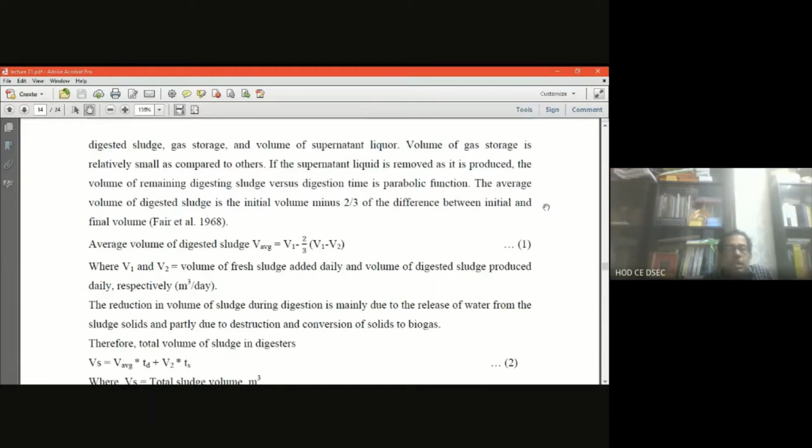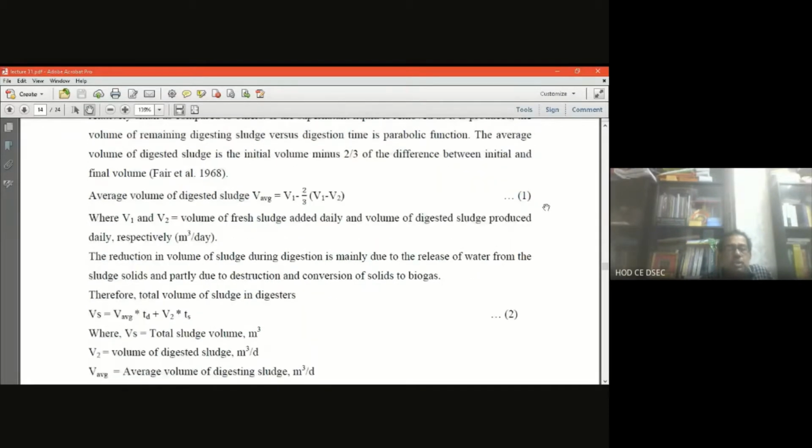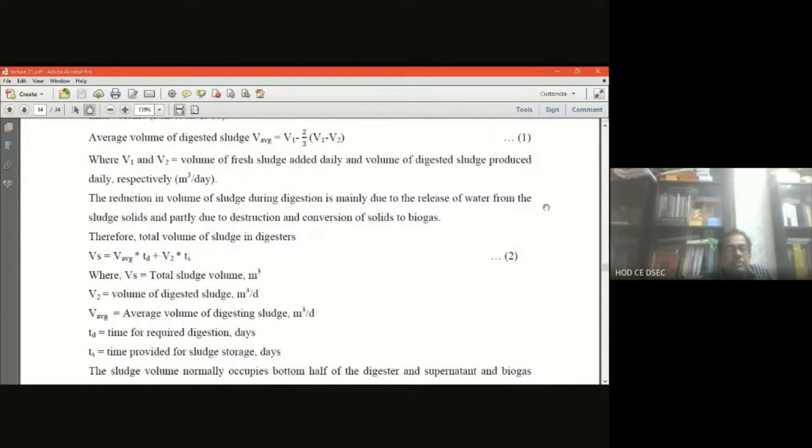Therefore, the total volume of sludge in the digester, Vs, equals V average into Td, the time for which the average sludge volume is retained, plus V2 into Ts. Let me tell what Td, Ts, and V average are.